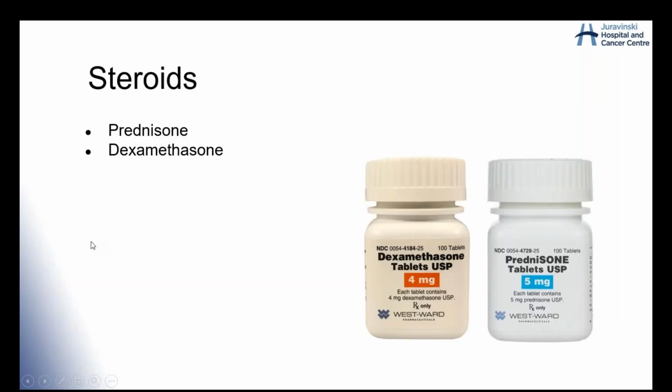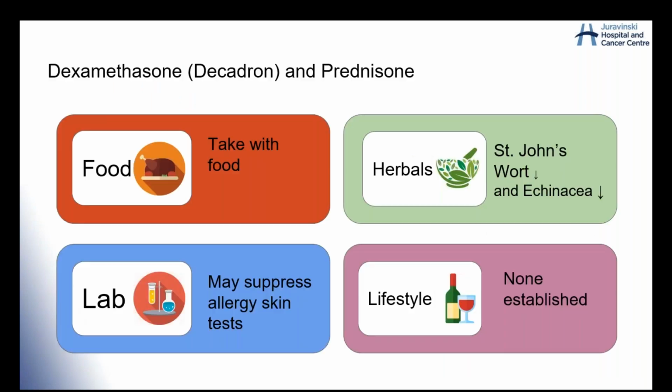Steroids are the second last class that I'm going to talk about for multiple myeloma. Ideally, they should be taken with food, and for medications that can be taken on an empty stomach or with food, if they cause stomach upset, you can go ahead and take them with food. But dexamethasone and prednisone are known to cause stomach upset and ulcers, so we usually recommend taking them with food every time.